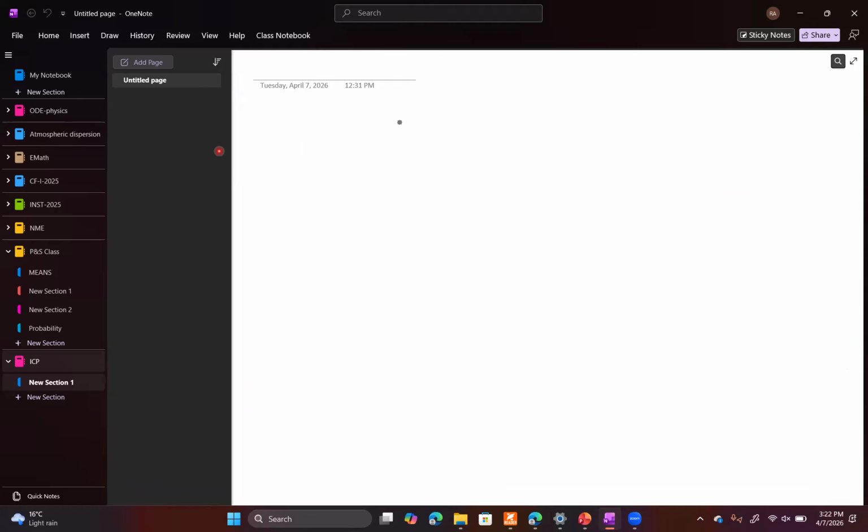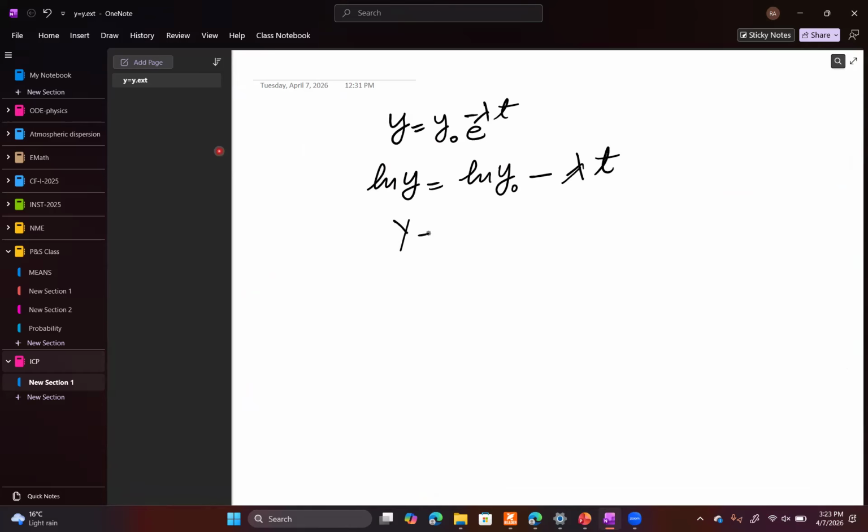So for the exponential curve, it was y equal y naught e raised to the power minus lambda t. So if I take the log, it will become log of y equals log of y naught minus lambda t. Which becomes a simple structure of a straight line if I define log of y as a capital Y and capital X as t.